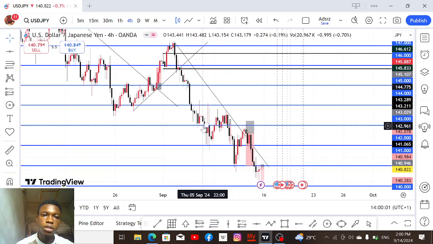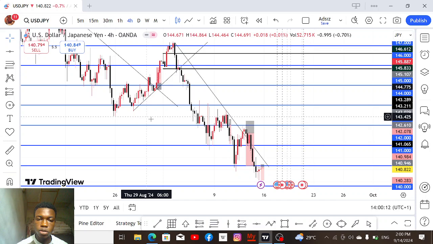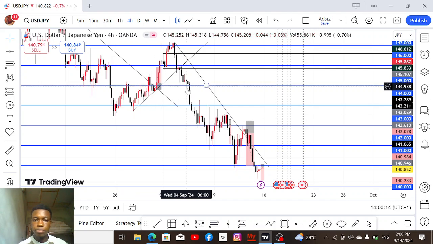If you know how market structure and Elliott wave work, you understand what I'm saying. So the market is always going break, retest, break, retest, break, retest. If there's a downtrend, that's how it will be going down. But if it's an uptrend, it will break to the upside, retest the former high, break, retest another former high.